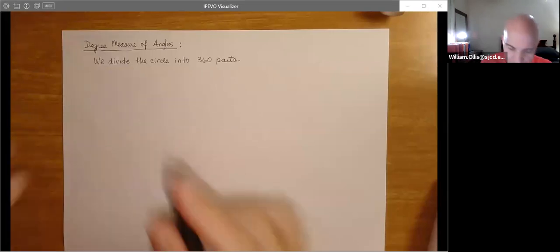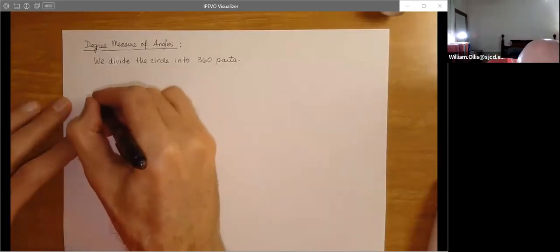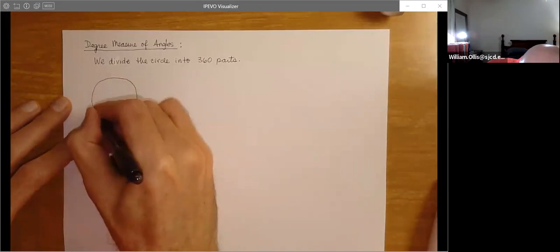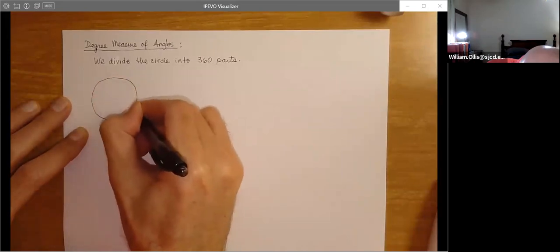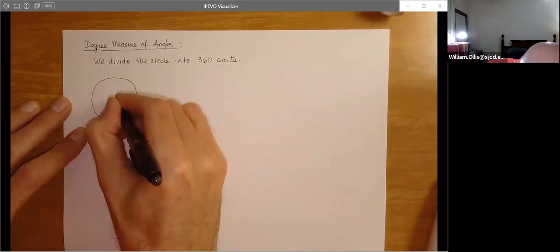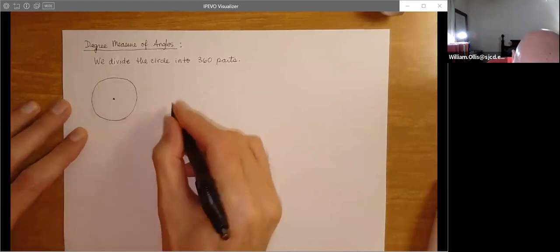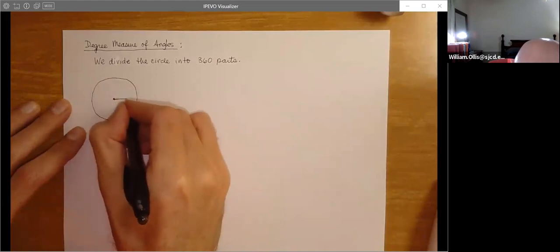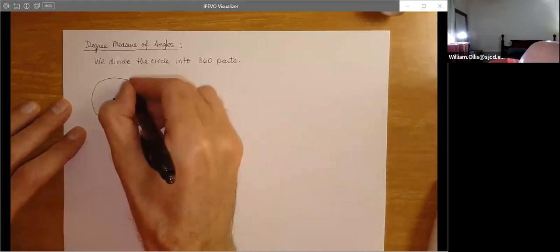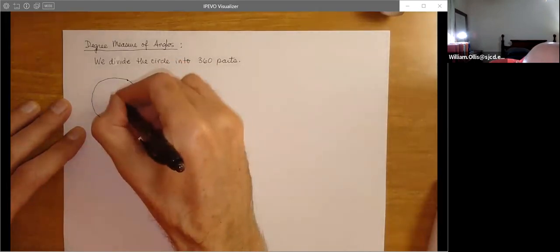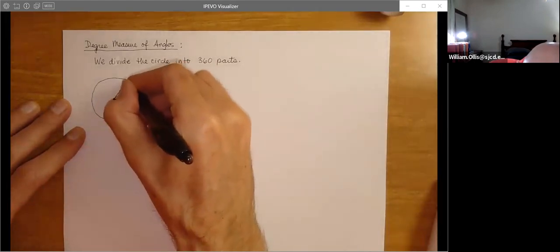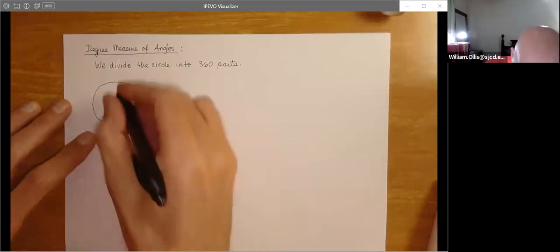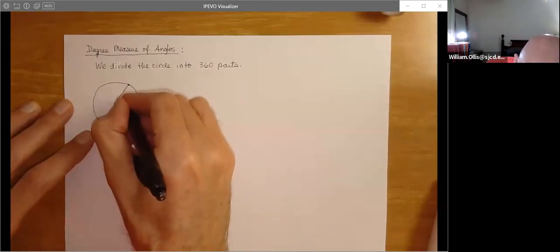So you draw your circle, and you've got your center here, and let's think about maybe an angle measure, in this case, of pi over 4 radians. So say we have pi over 4 radians.